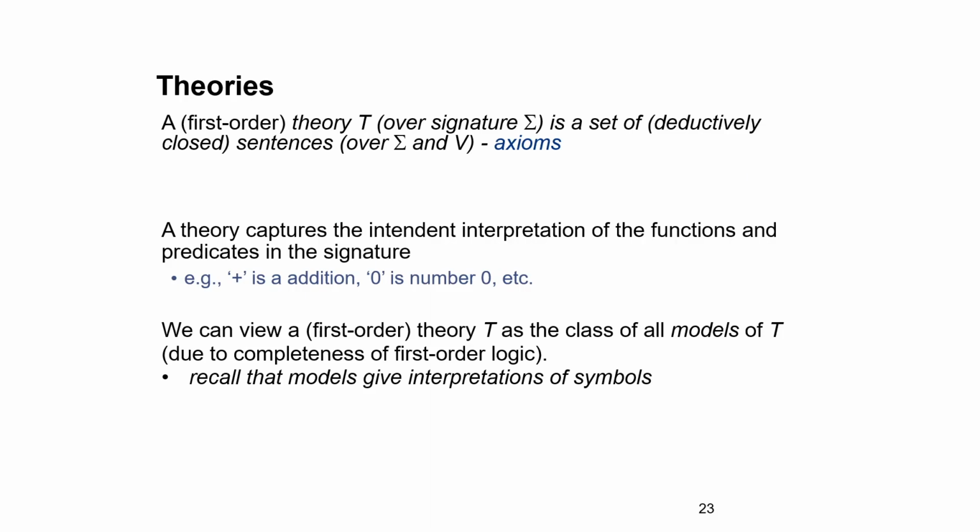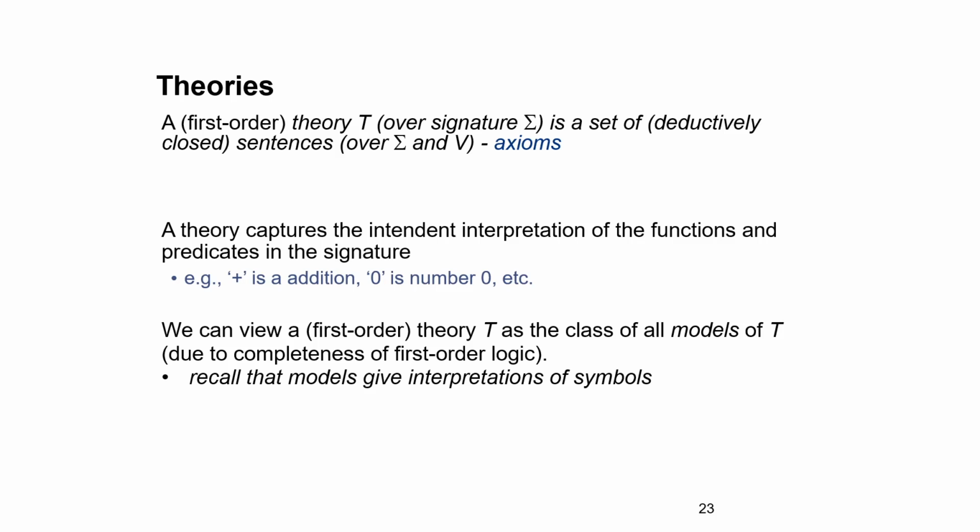So the trick that we can do is we can add some theories. What we will see is that they always work over some signature. The signature is the stuff that has the function names and the predicate names, and a theory is a set of sentences or axioms.